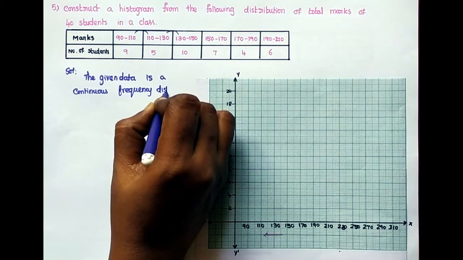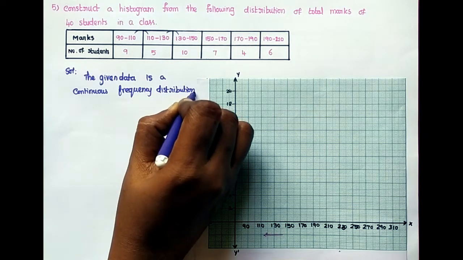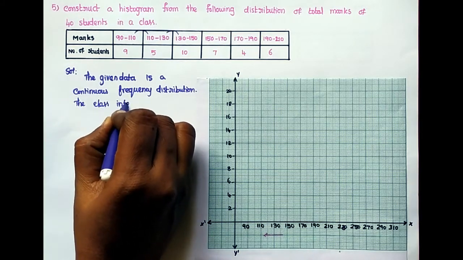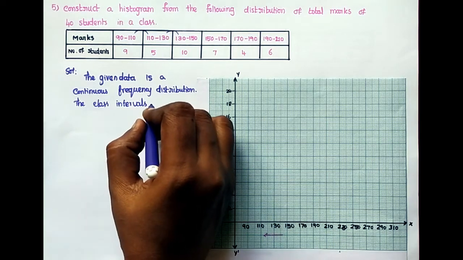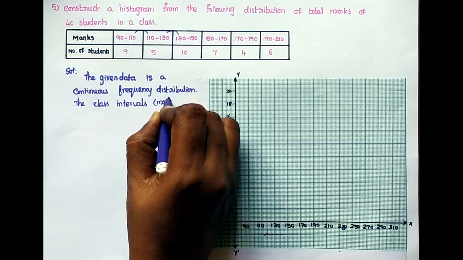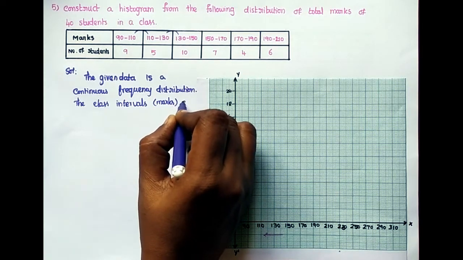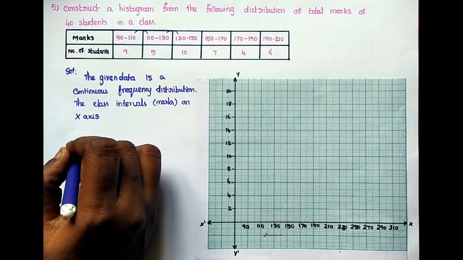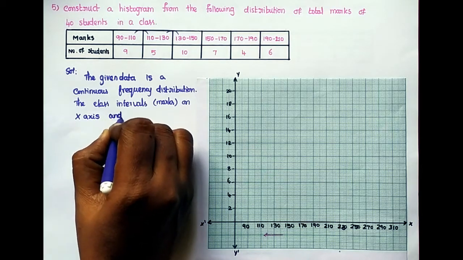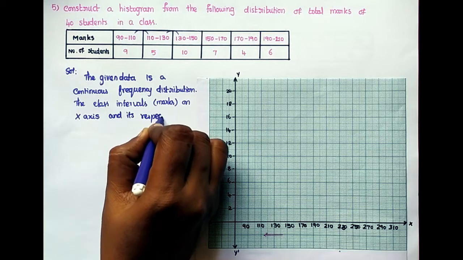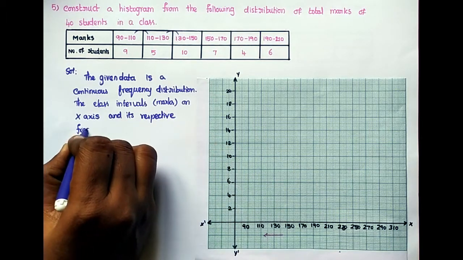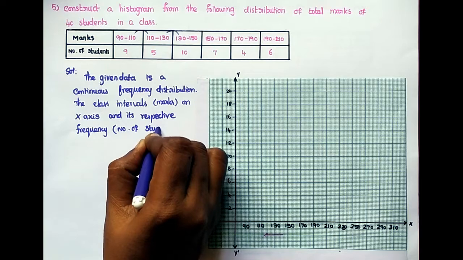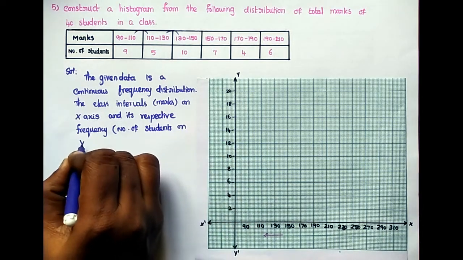The class intervals, that is marks, are drawn on the x-axis and its respective frequency, that is number of students, on the y-axis.